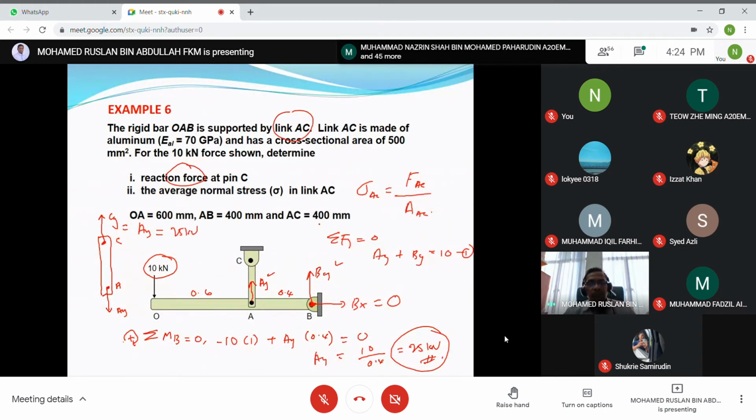Based on that, what is the average normal stress? The average normal stress equals FAC over area.